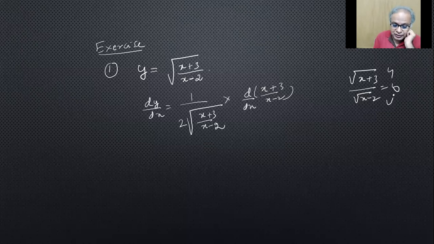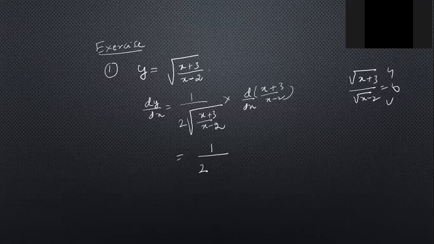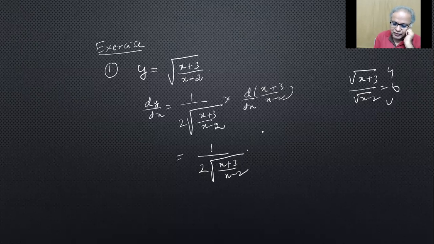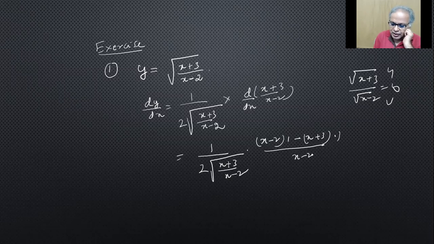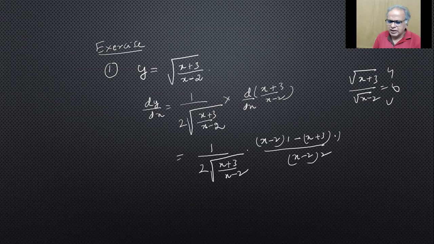So that will be 1 by 2 root of all this, into (x minus 2) into derivative of the top, 1, minus (x plus 3) into derivative of the denominator, 1, by (x minus 2) whole square. Simplify it, whatever, or leave it like that. I'm not interested. The main idea you should be able to catch. Remember, it keeps coming all the time.